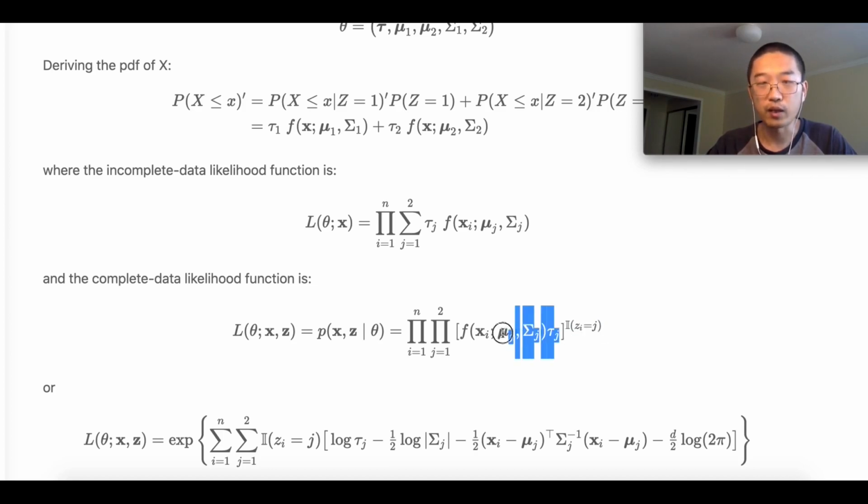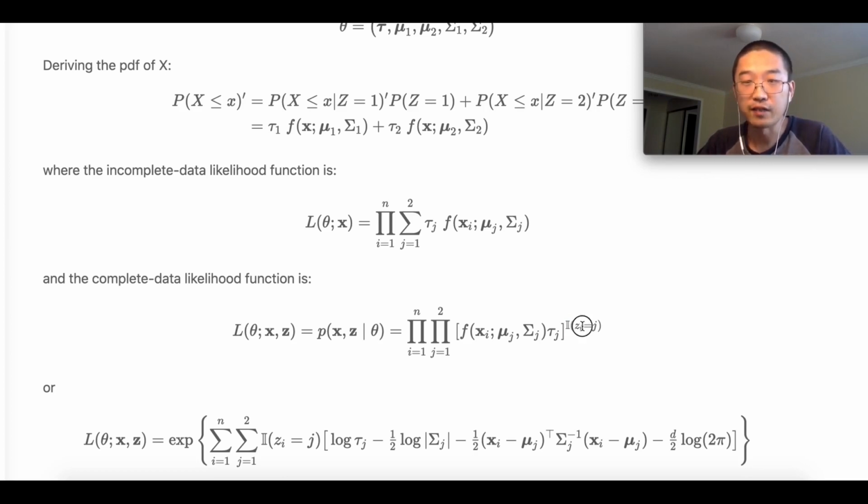We pick whether the density function is the first normal distribution or the second normal distribution. So the I here is the indicator random variable.